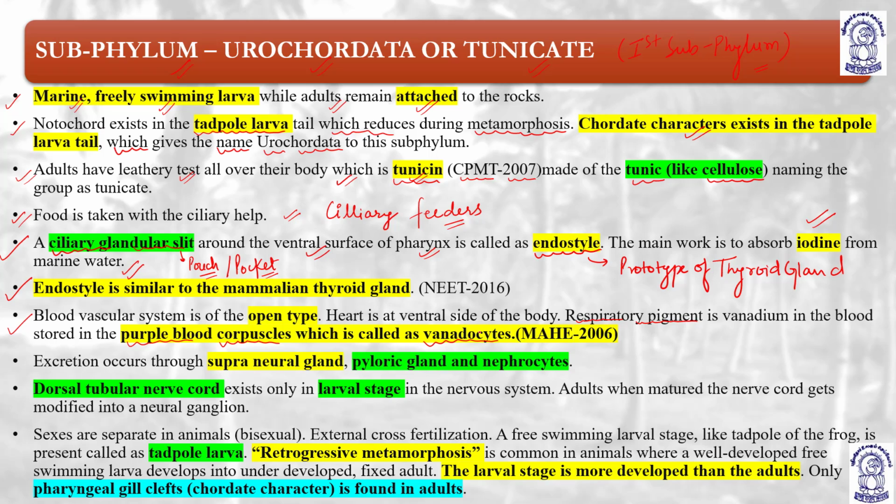Now coming to the next, excretion occurs through supraneural gland, pyloric gland and nephrocytes, okay. So the excretion basically occurs through the, I think it is a renal gland, okay, suprarenal gland, please make a change, suprarenal gland, pyloric gland and nephrocytes, understood?